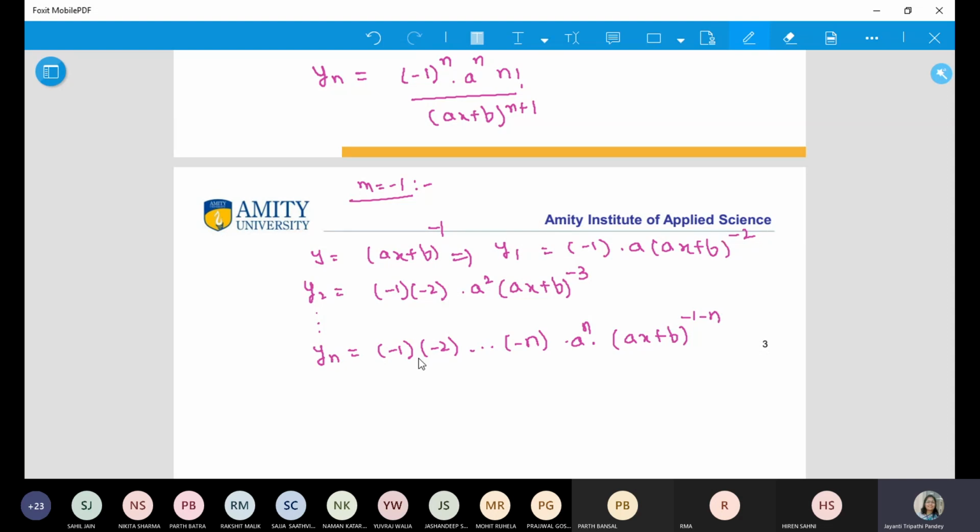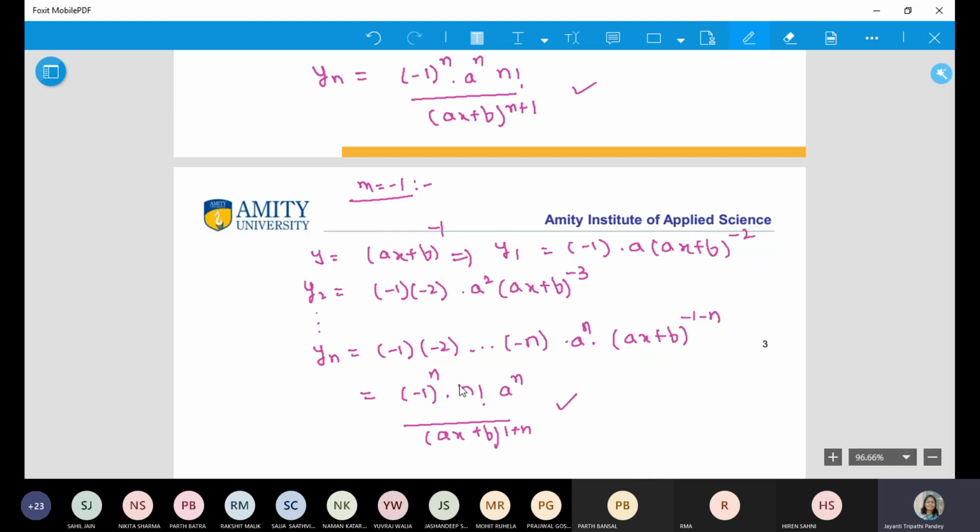When you are doing it n times, it is -1 -n. We can write it as (-1) to the power n, since n terms are there, 1 into 2 into 3 till n is factorial n, a to the power n, and when you shift it to the denominator, (ax plus b) to the power 1 plus n, and this is the same as this.